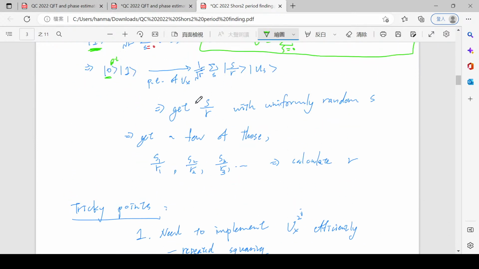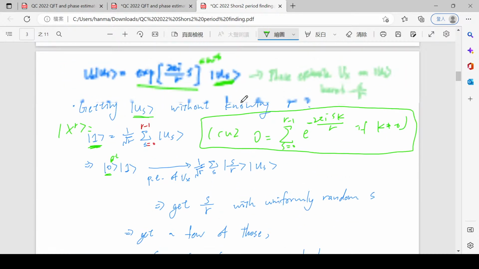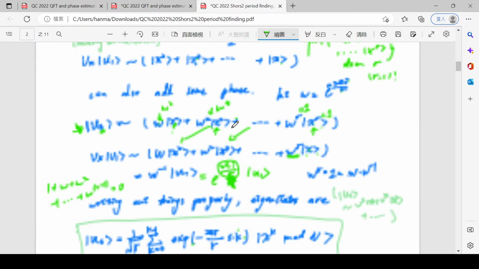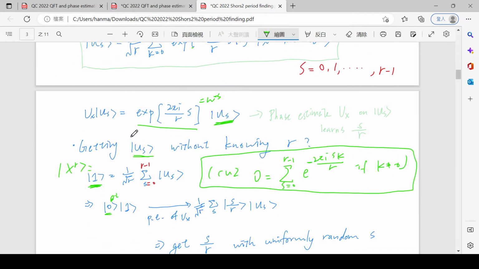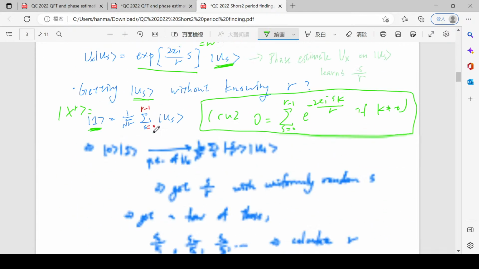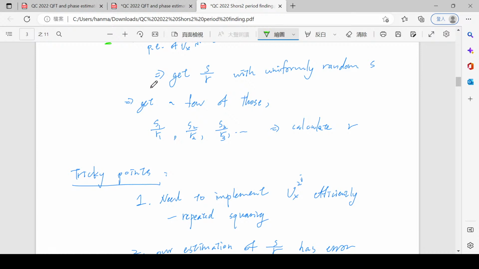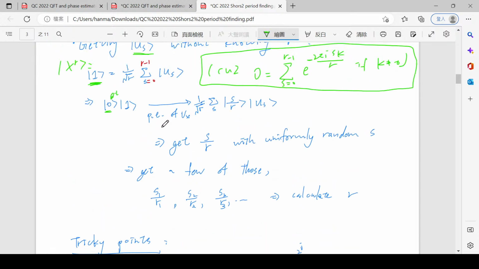What's going to happen is we are going to draw a few of those s over r, because some of them are bad for many reasons. Let's say if we draw s equals 0, then that doesn't tell us anything, and it's really bad. The other s have different reasons for being bad, but we can repeat this.